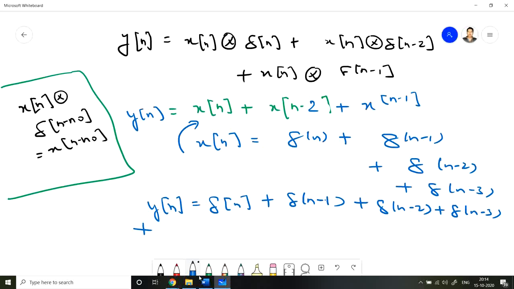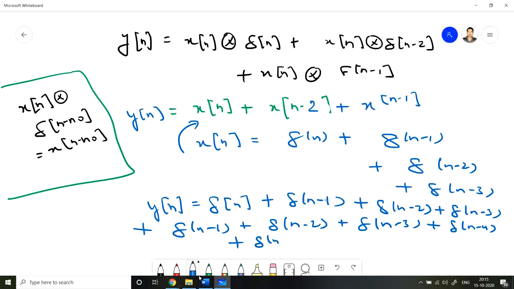Xn minus 2 is nothing but del n minus 2 plus del n minus 3 plus del n minus 4 plus del n minus 5.